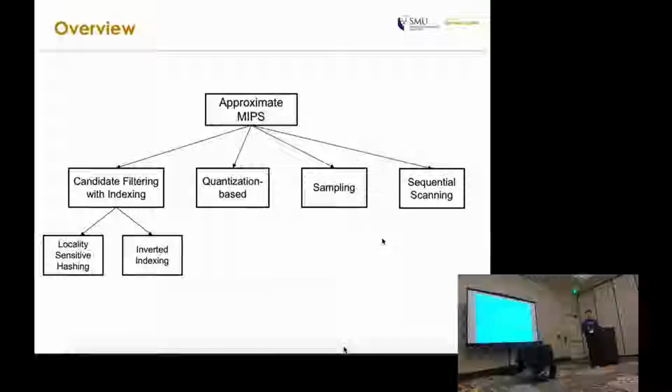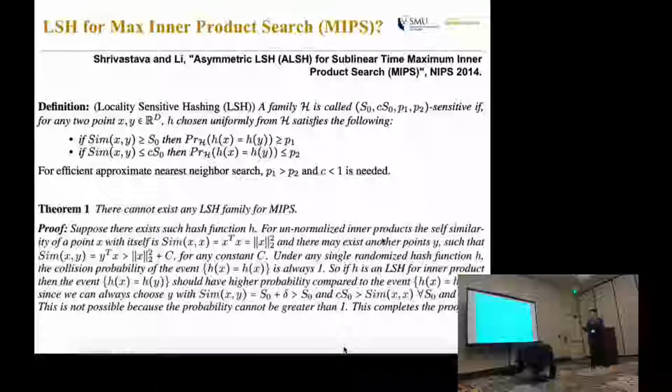Okay, so the first idea is based on locality sensitive hashing. This is a summary from the previous part, in which we have this negative result: there cannot exist any classic locality sensitive hashing for maximum inner product search.